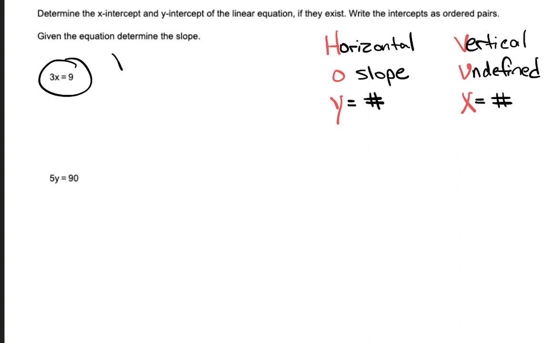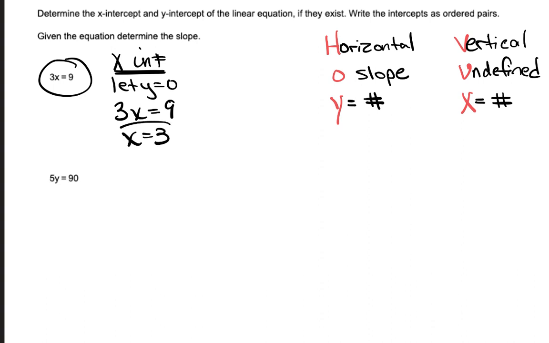So if you wanted to find the x-intercept, remember, you let y equal 0. Okay, so plug 0 in for y. Well, there's no y to plug it into. You want to solve for x. You solve it, divide by 3, x equals 3. Makes sense? Your x-intercept is 3, 0. Right?